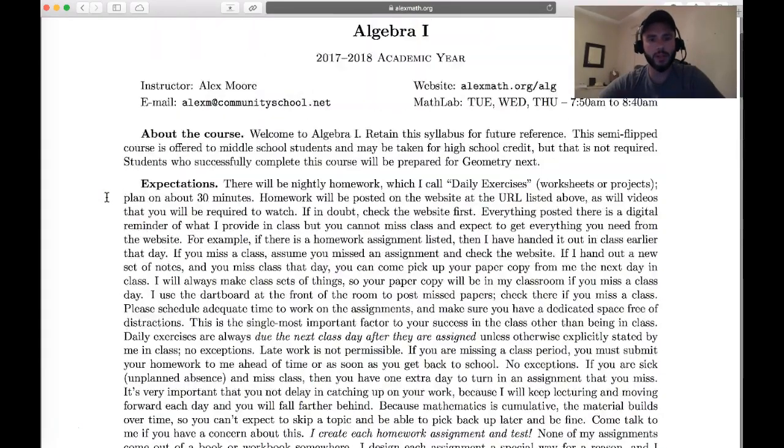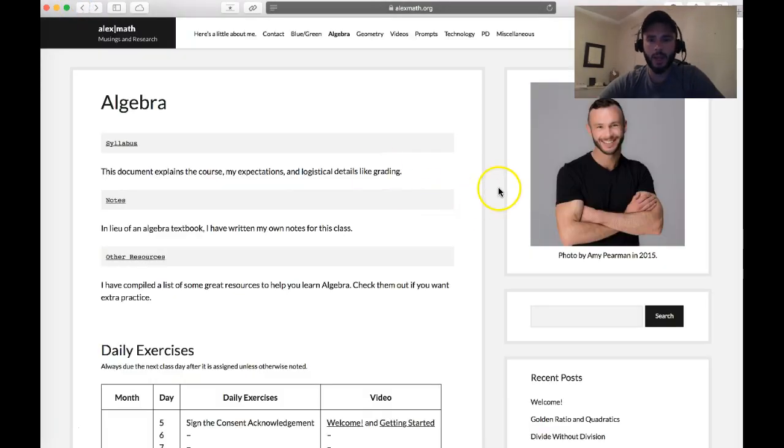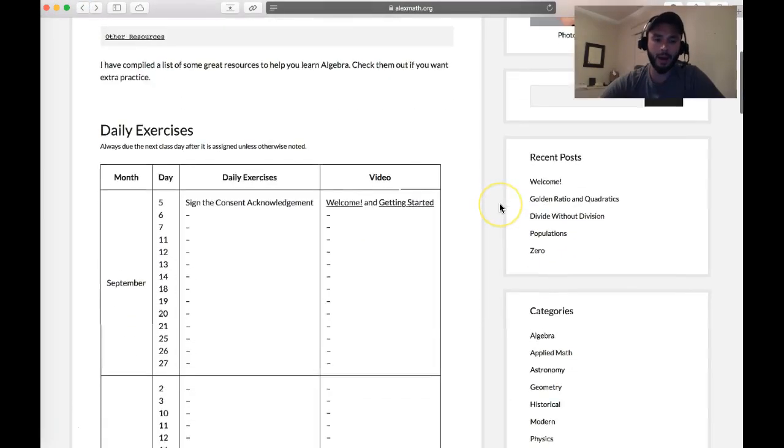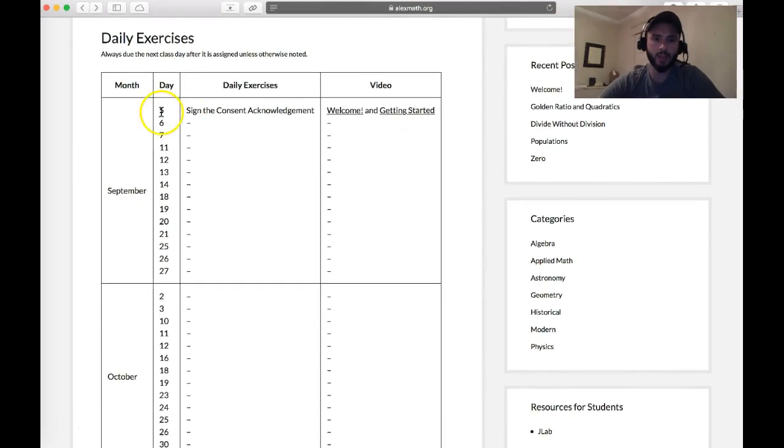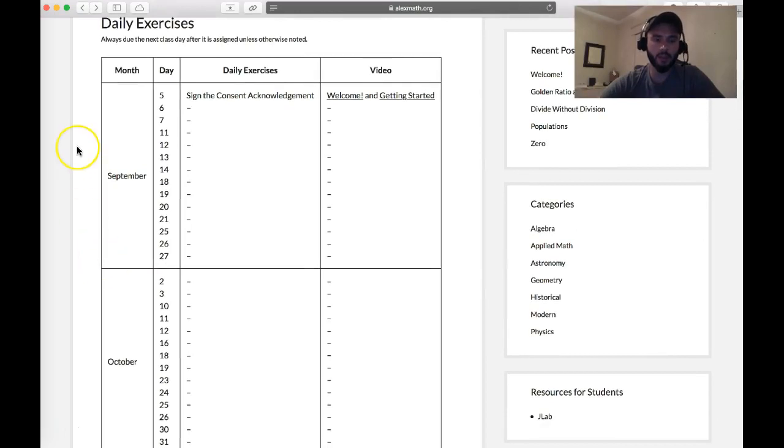All of this can be reviewed at home. The most important thing now to look at is this big chart. You have the syllabus, and this big chart is going to be your best friend this year. This is where I list in a very organized fashion what I expect you to do every day.